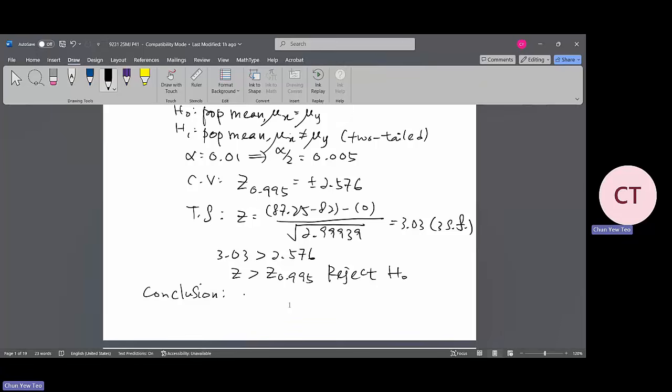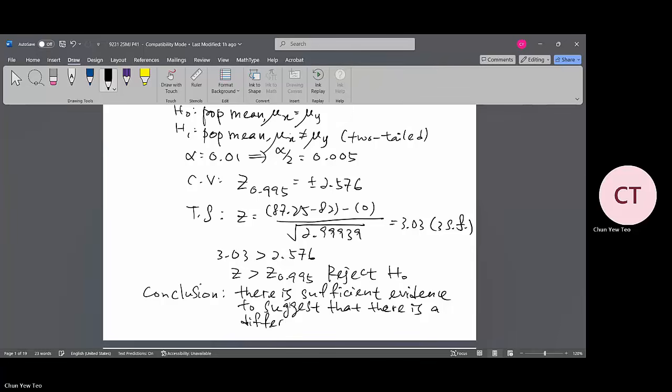That means we will need to write that there is sufficient evidence to suggest that there is a difference in the mean amount spent on weekdays compared to weekends.